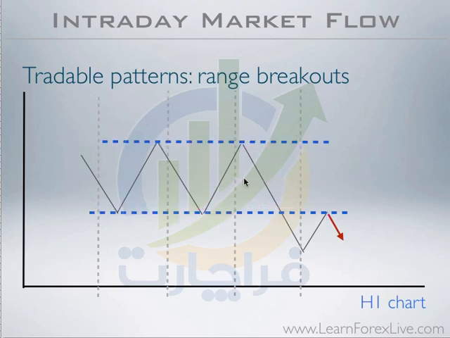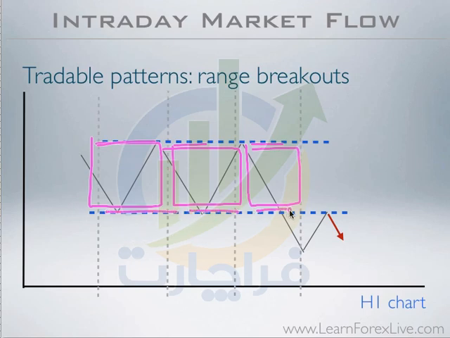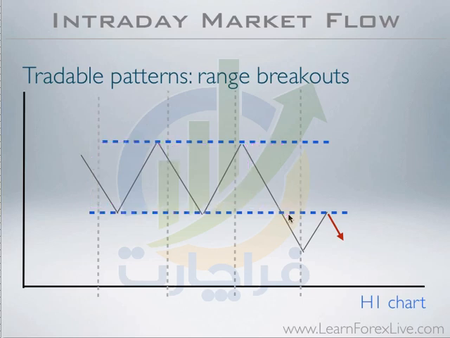Also, if you use the daily box indicator, you will see that the highs for the different boxes will more or less fall in line with each other, and the same thing with the lows, both more or less lining up at the same level. So at the end of the day, what we have is just two key levels of support and resistance where price keeps on bouncing within.